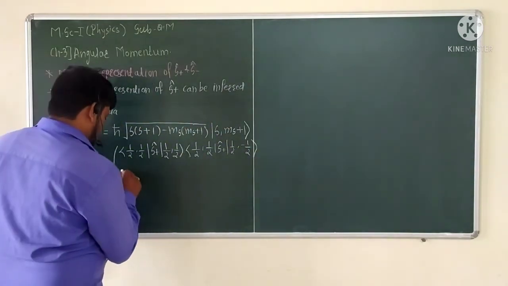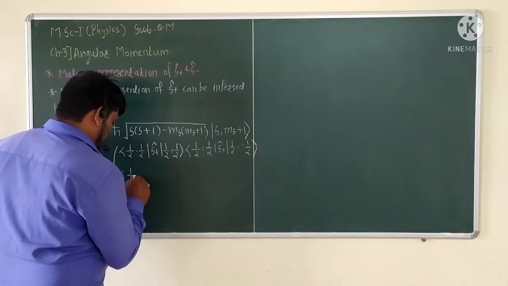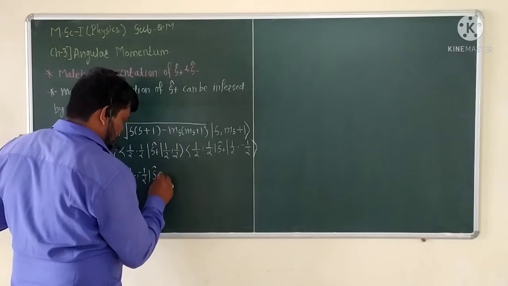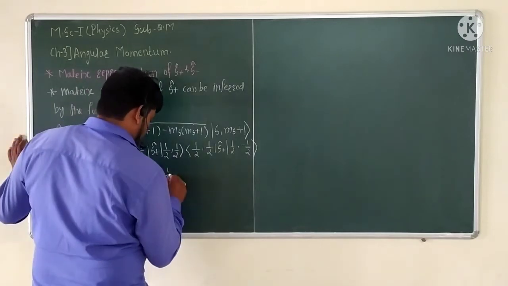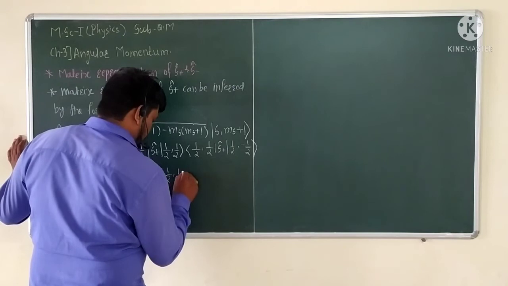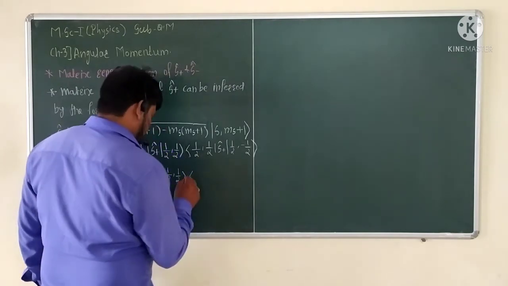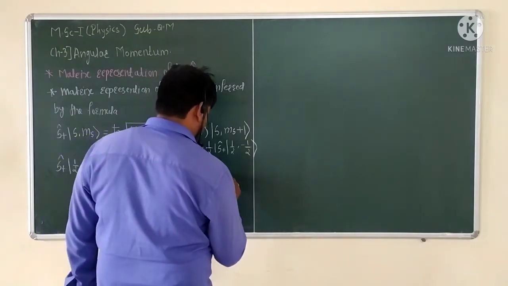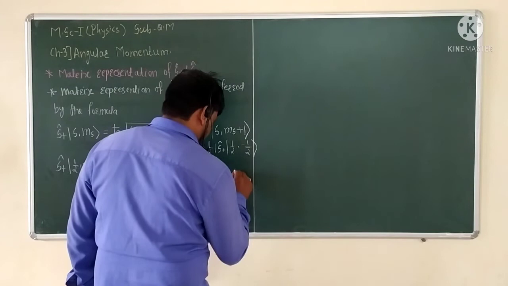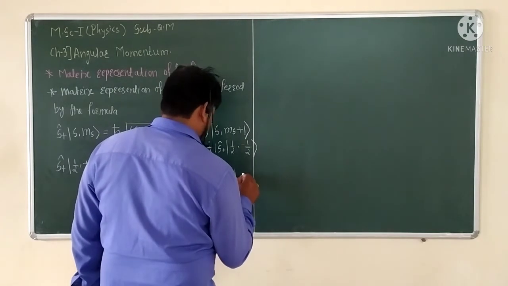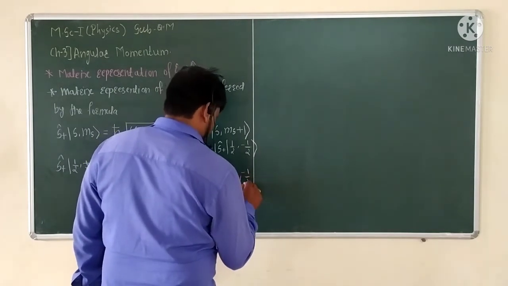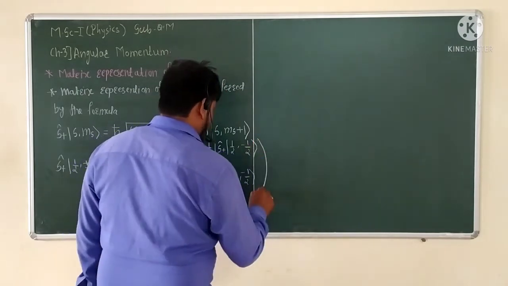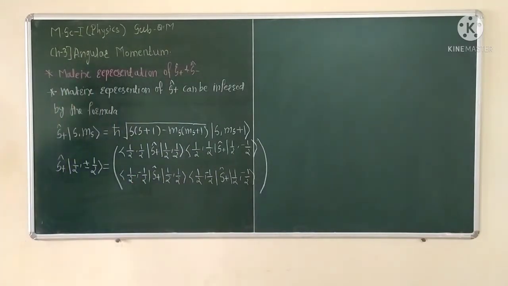Again next, the bra of half, minus half, where S plus operates on the ket of half, half. And next, the bra of half, minus half, where S plus operates on the ket of half, minus half. And we want to solve this matrix representation.